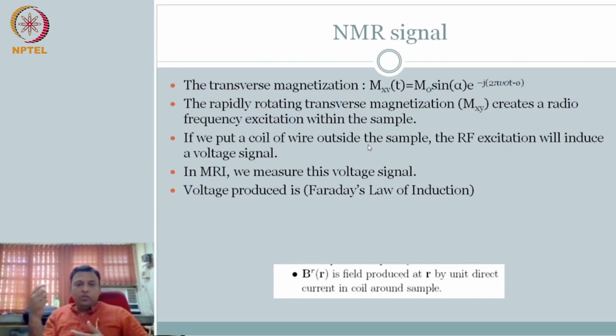Simple. We use reciprocity. What do I mean by that? If I have a coil and I pass a unit current on this coil, it is going to create a magnetic field. That is, you apply current, you get magnetic field. Now I am saying, if I have a magnetic field and I keep a coil, it is going to induce a current. That is reciprocal.